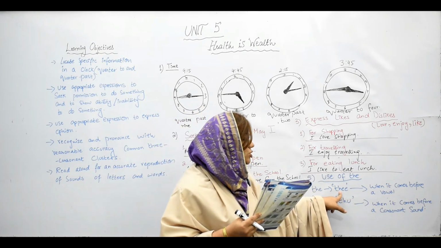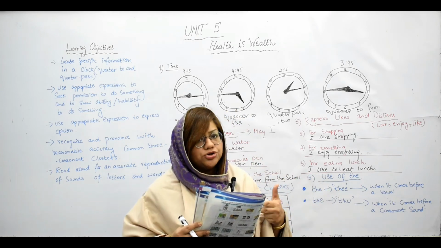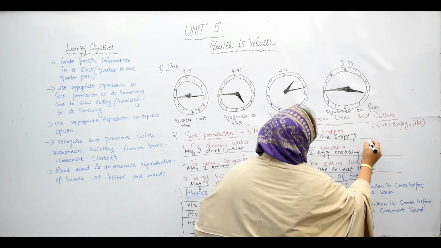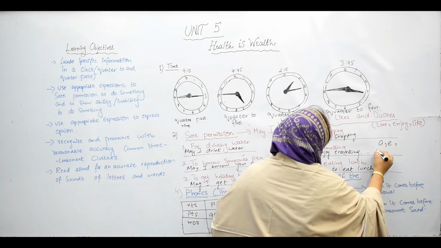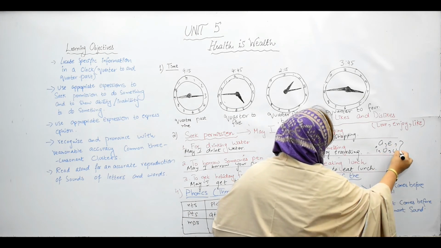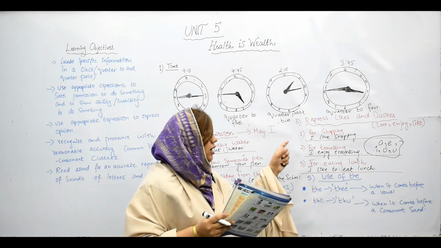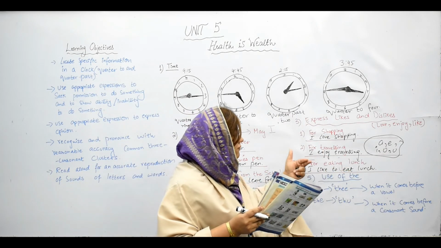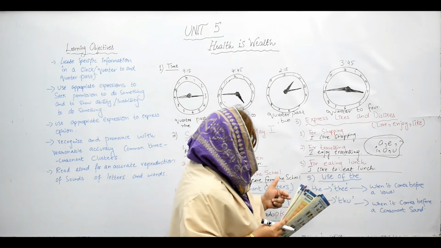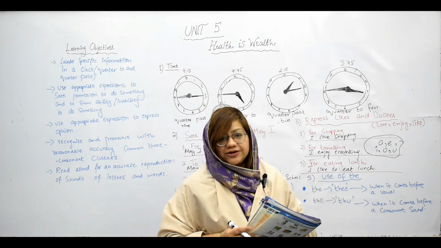"The" is used when it comes before a vowel. You know what vowels are? Yes, vowels are A, E, I, O and U. Whenever a word comes with one of these vowels, obviously we use "the" with the vowel pronunciation.